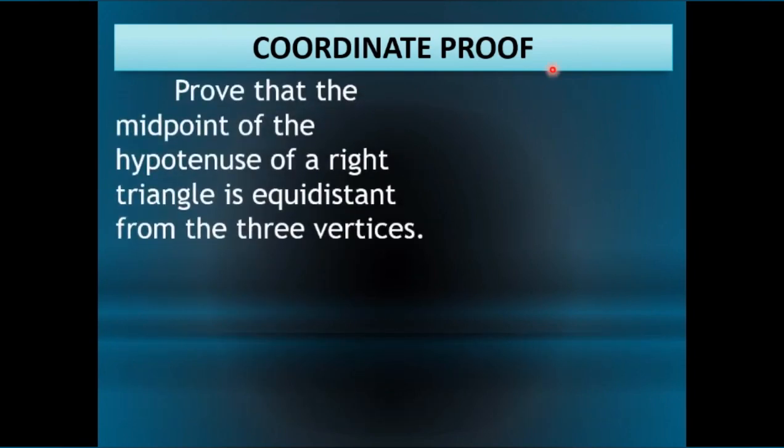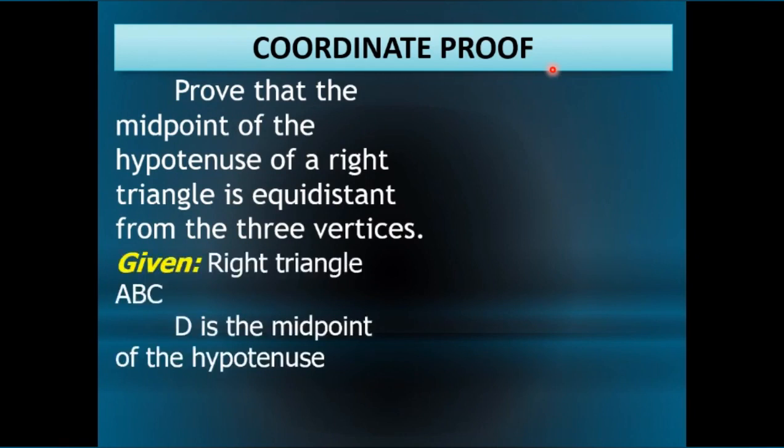Let us have an example. Let us prove that the midpoint of the hypotenuse of a right triangle is equidistant from the three vertices. So the given is a right triangle ABC, and point D is the midpoint of the hypotenuse. And we need to prove that the line segment AD is congruent to line segment DB and also congruent to line segment CD.